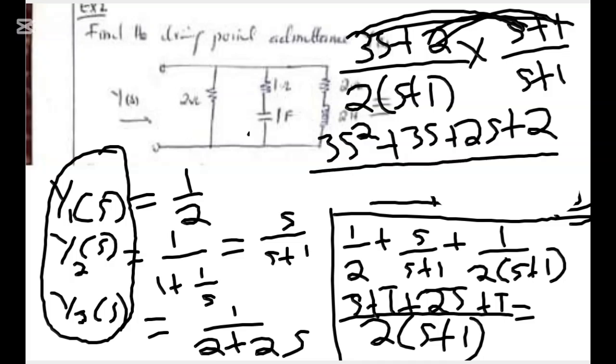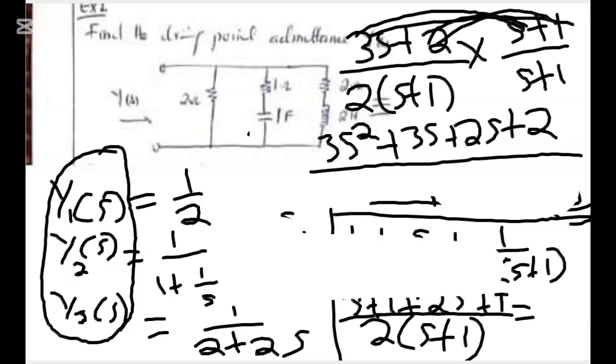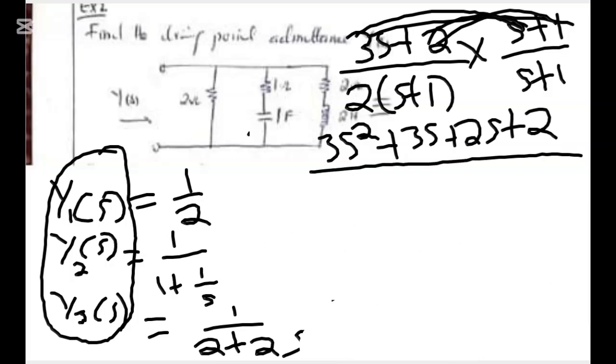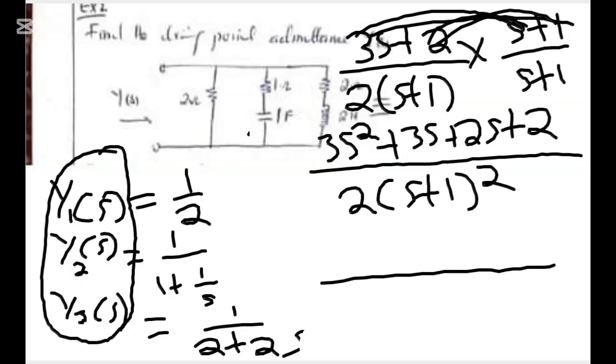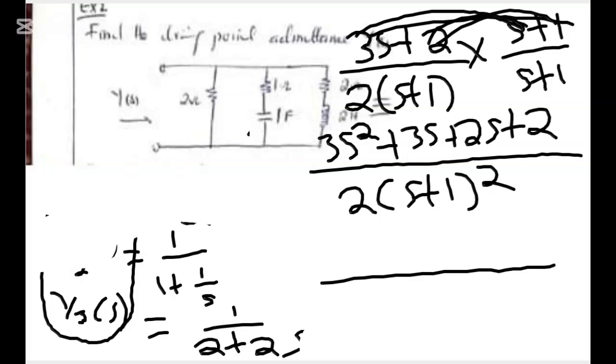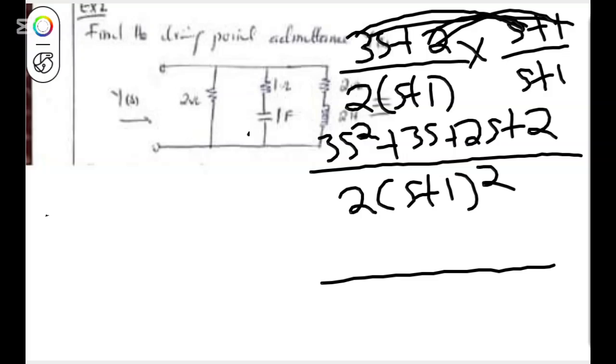So then I have to say divided by 2s plus 1, and s plus 1 square multiplied by this 2. But I have to show you. Let me show it for you so that you will not be confused.